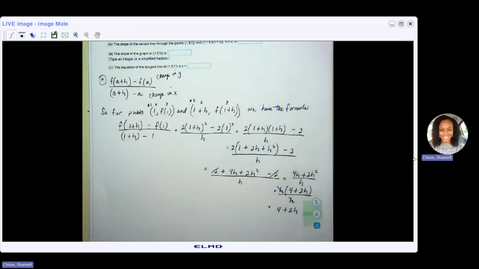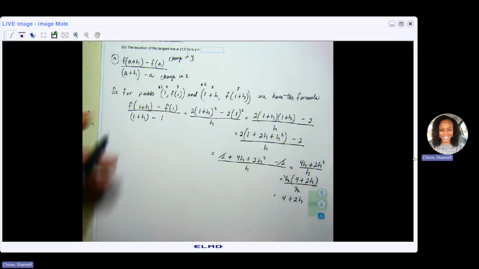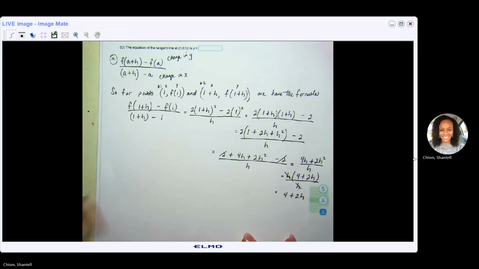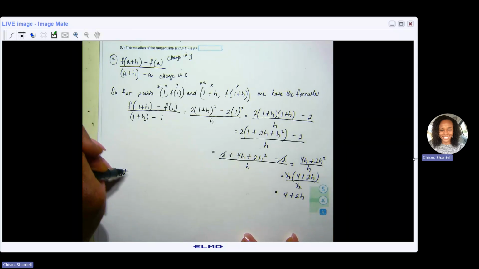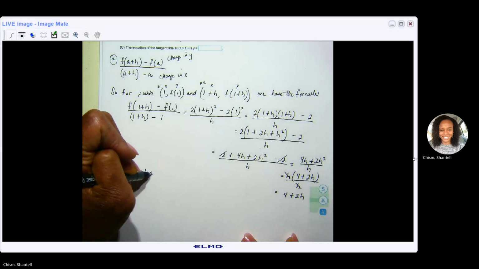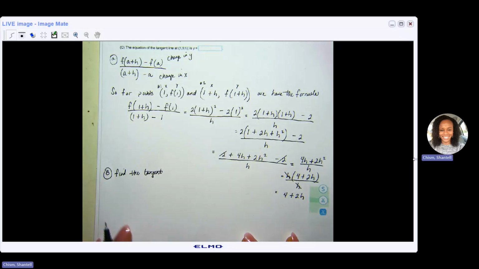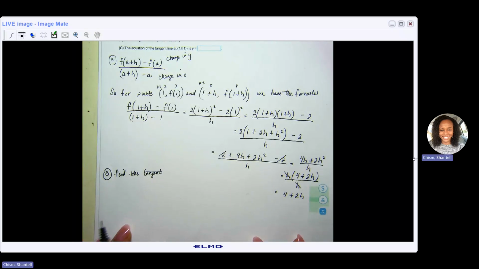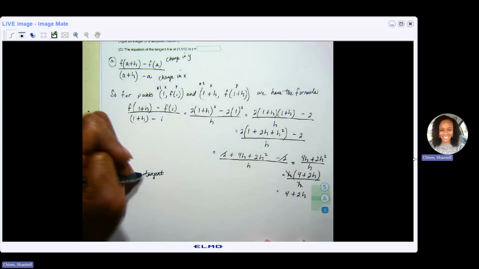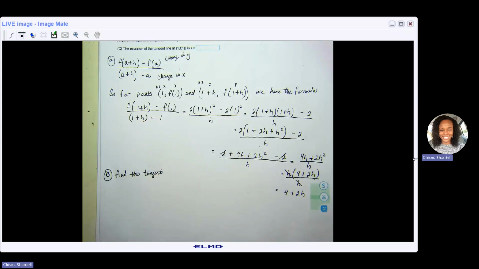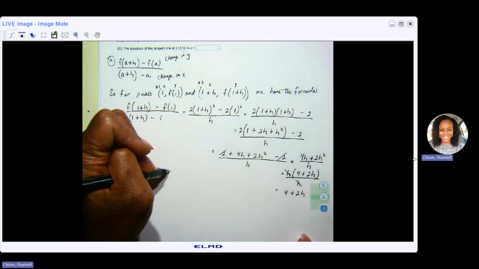So when we're talking about the slope of a graph at a particular point, that is basically just finding the tangent slope. Part B, essentially, is finding the tangent slope. When you're talking about the slope at a single point, that's the instantaneous slope, which is just the derivative. But it's also called the tangent slope.